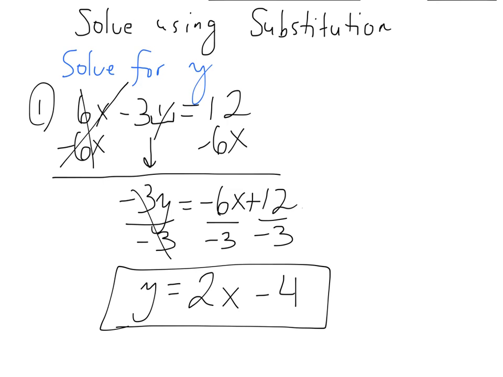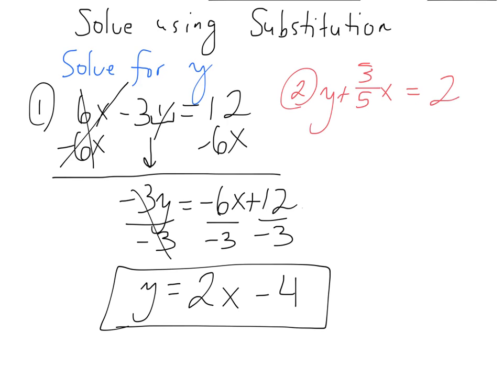Okay, what I need from you guys, I want you to write this down in your notes. y plus 3/5 x equals 2. And I want you to pause the video and solve for y.